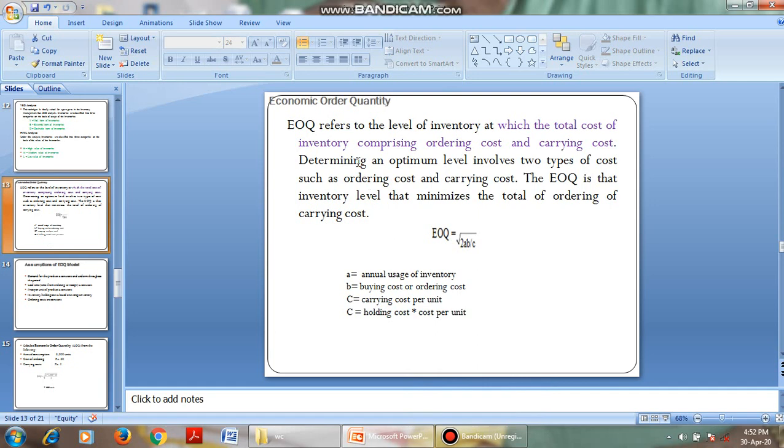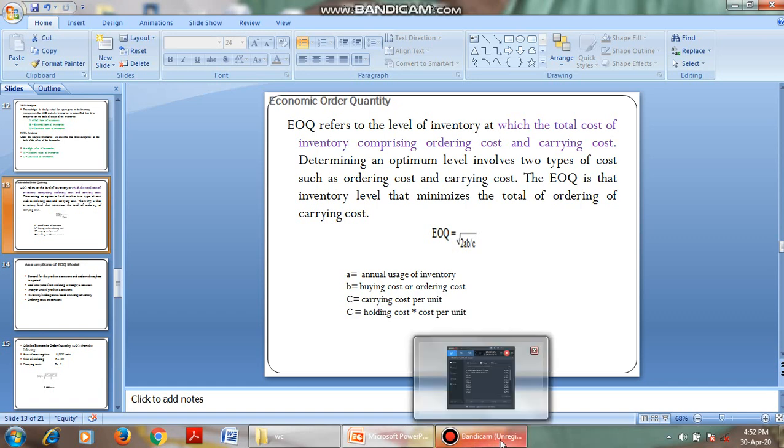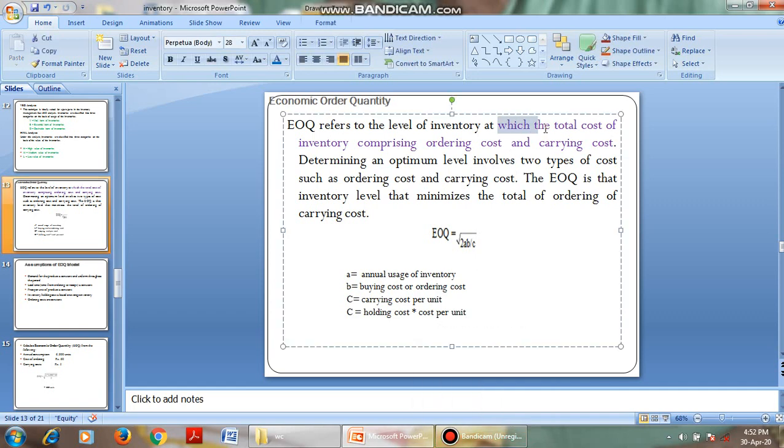Next we go for the thing called EOQ analysis. This is important. EOQ, economic order quantity. Economic order quantity refers to the quantity of inventory at which the total cost of inventory, comprising ordering cost and carrying cost, is minimized. First we will discuss what is ordering cost and what is carrying cost.